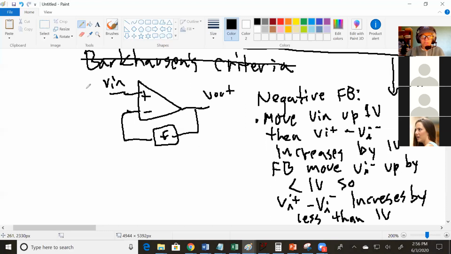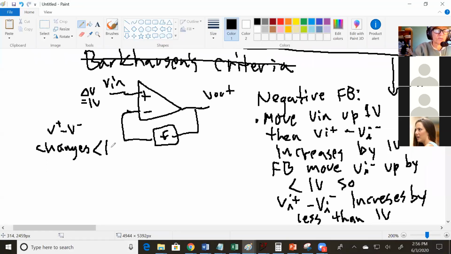Yeah, so if this changes by 1 volt and VI plus minus VI minus changes less than 1 volt, then negative feedback.